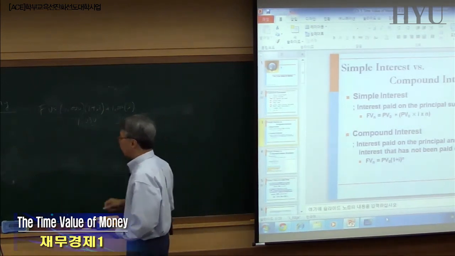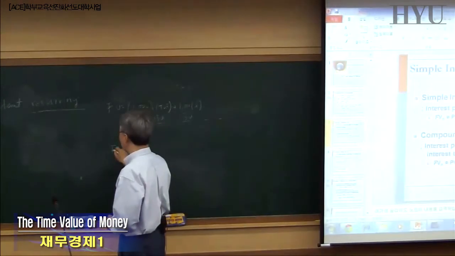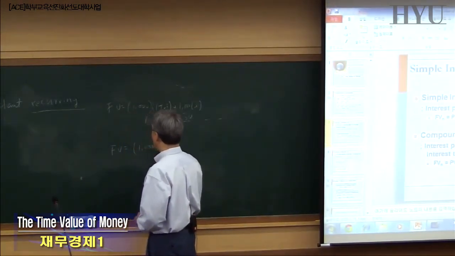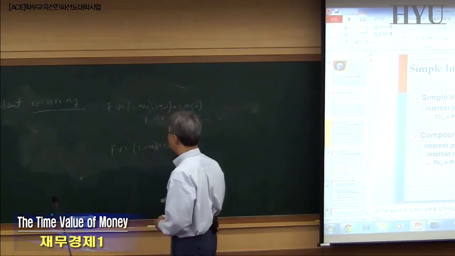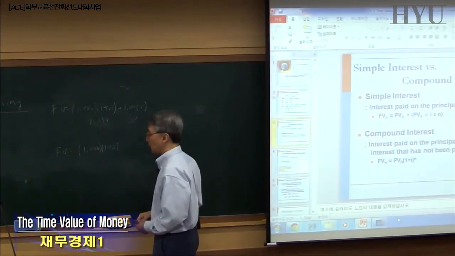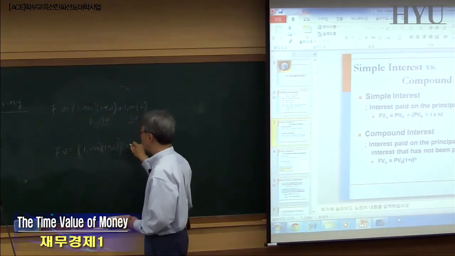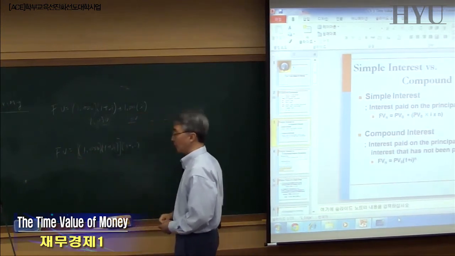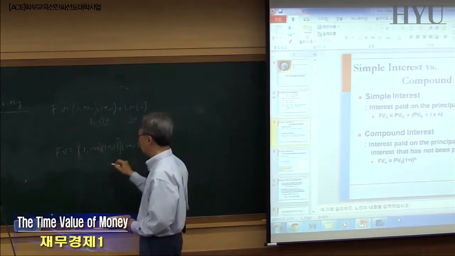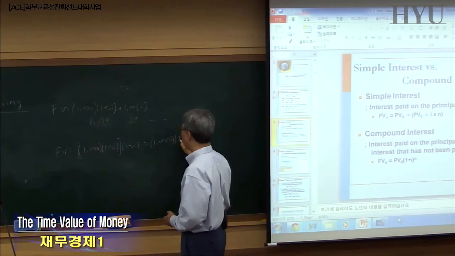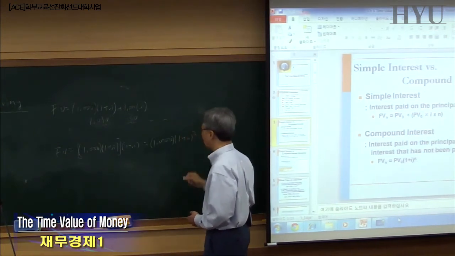In the compound case, the future value will be 1,000 times (1 plus I). In the second year, it's the whole thing times (1 plus I), which is 1,000 times (1 plus I) squared.